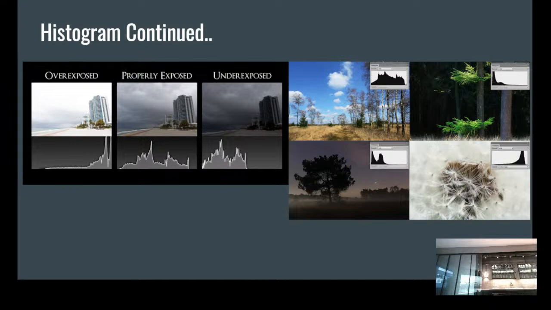Now, where the histogram doesn't matter is when you get to stuff like this. If you're doing things that are artistically done for whatever reason, you don't need to pay attention to the histogram because it might not make sense. For example, this hyper close-up photo we have of the dandelion. It's very on the light or overexposed side. But when you look at the image, you can see that there's a very minimal amount of dark. It's almost non-existent.